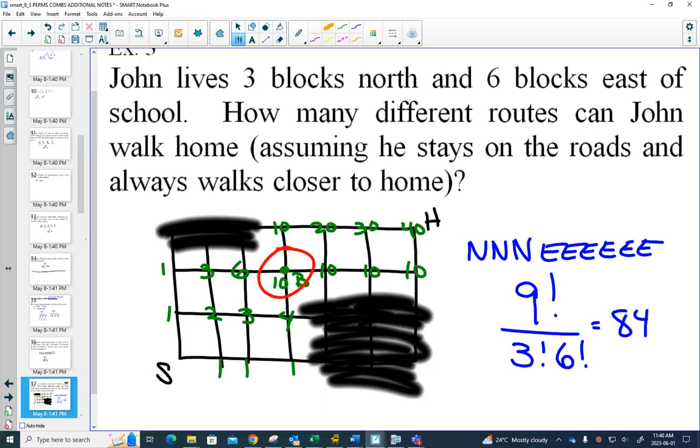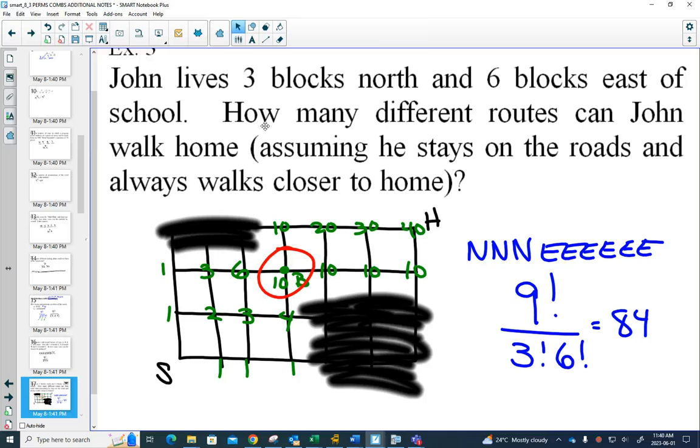Well, we could say there's 84 in total. We counted that there was 40 that went past Betty's house. Does it make sense that there would be 44 ways that he could walk home if he's not allowed to go past Betty's house? That would be the easiest way to solve this question now.